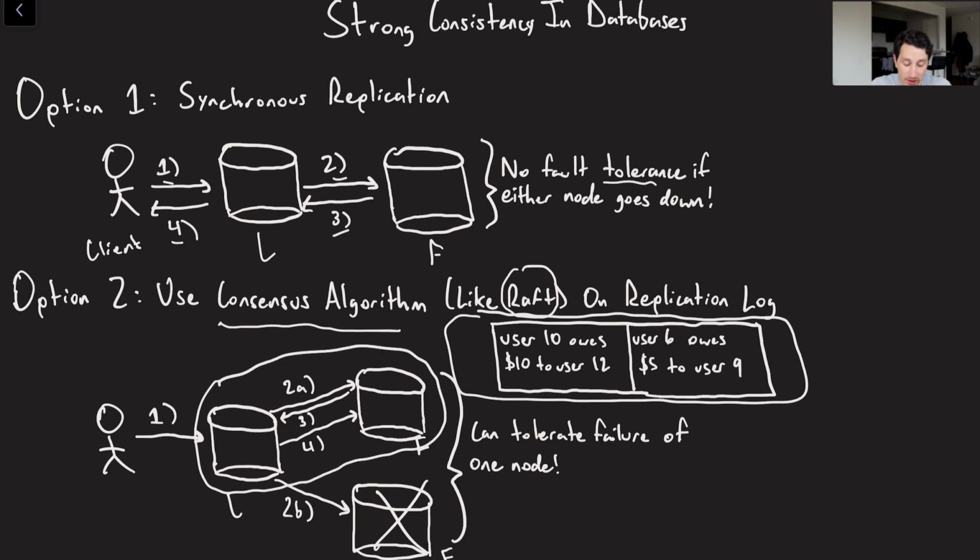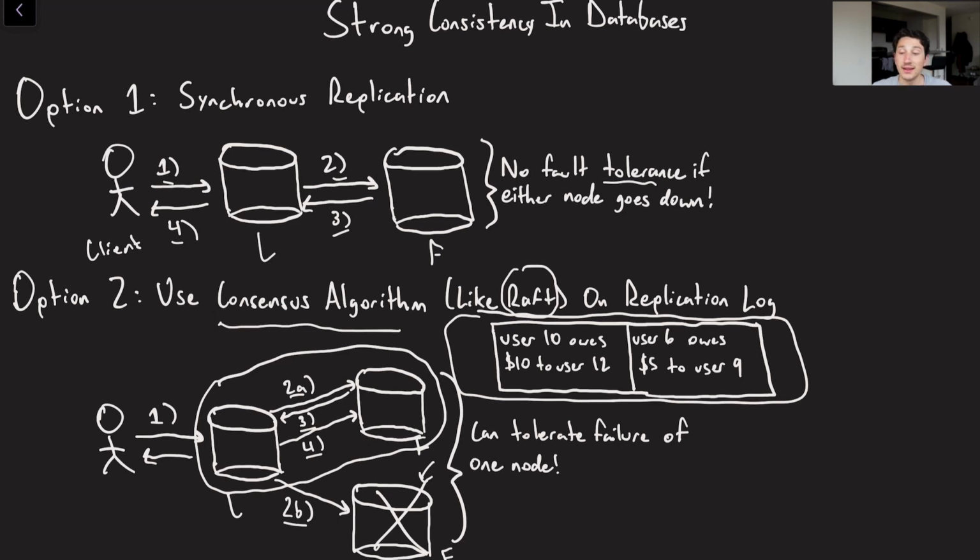For that write to happen, first, our leader gets the write, it proposes it to all followers in steps 2A and 2B. This one is down over here, so it's never going to respond. And then the top follower is going to respond successfully. So the leader says, okay, go ahead and commit this thing. Once it gets an acknowledgement that the write has been committed to the follower and the write has been committed to itself, it can go ahead and tell the user, hey, your write was successful.